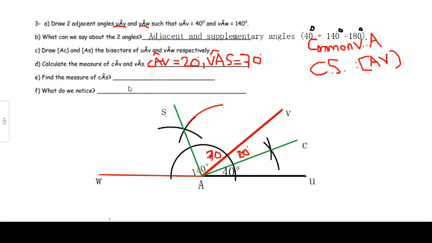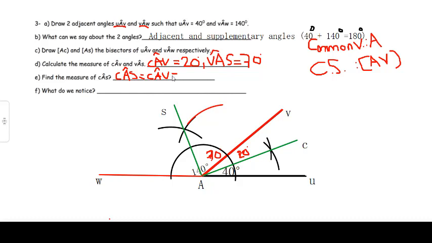Now, find the measure of CAS. CAS is 70 plus 20, which is 90 degrees. CAS is equal to the sum of the two angles, which are CAV plus the second angle, which is VAS.